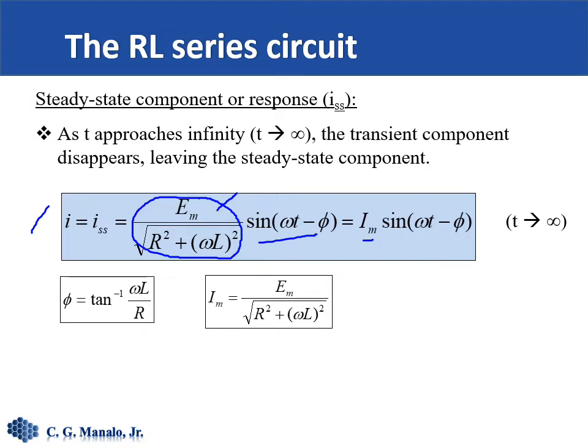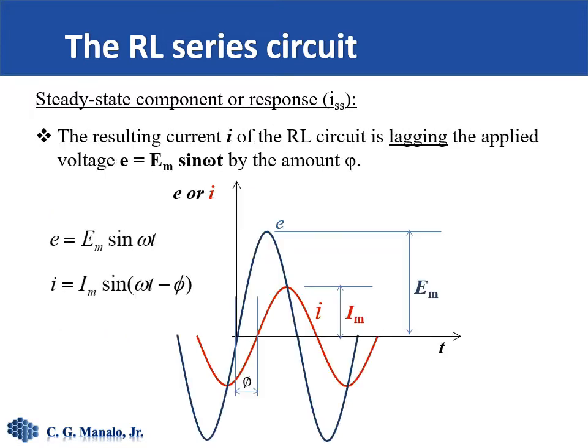So that's why we replaced that entire term with I sub m. In fact, this is the maximum value of the current if we plot the current here. Again, phi is given by this expression, I sub m by this expression.